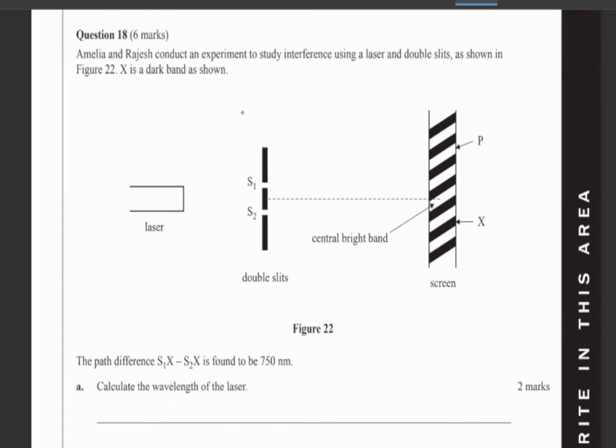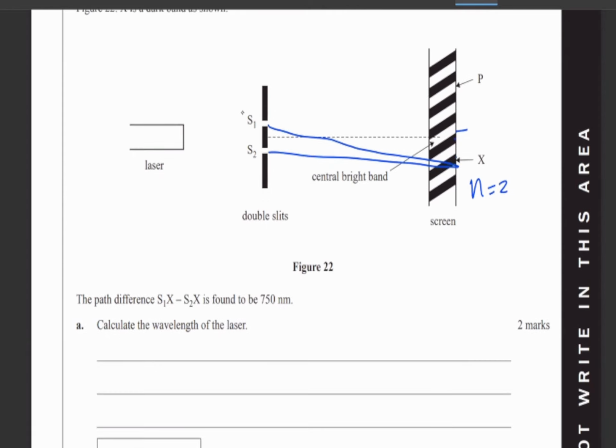So x is here. If we're finding the difference, so here's a bright spot. So 1, 2. So n equals 2. That's the second dark spot. So then we can do n minus half.